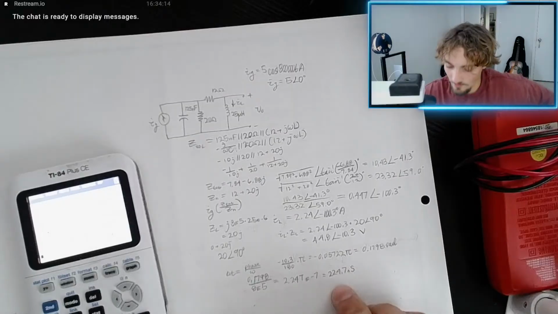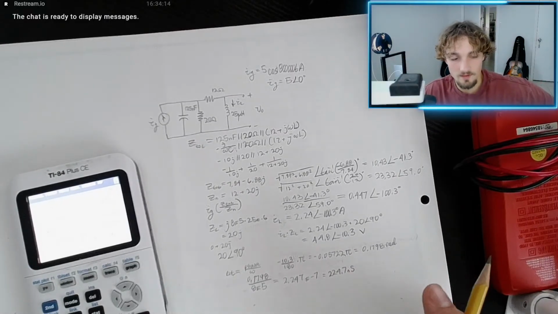Okay, so that's how many seconds that V out lags IG by.